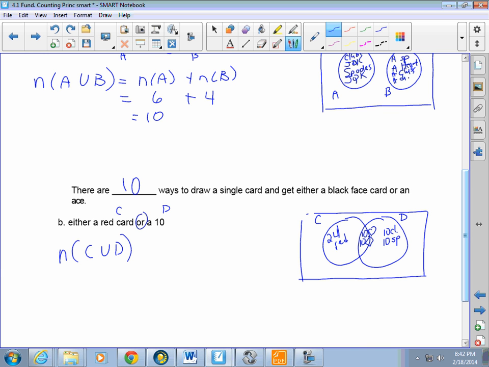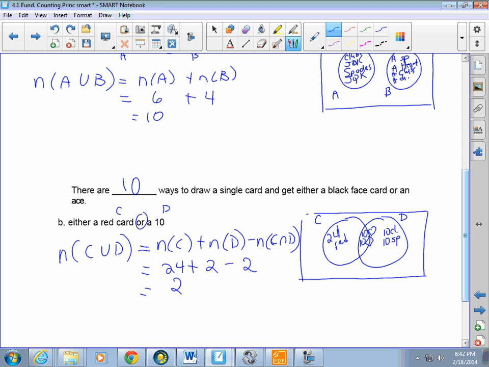So if we set this up, we know that because they're not mutually exclusive, we're going to do the elements of each minus the elements that they have in common. Whoops, that should be an intersect. The number in C was 24, the number in set D was 2, and the number in both of them, there were 2.